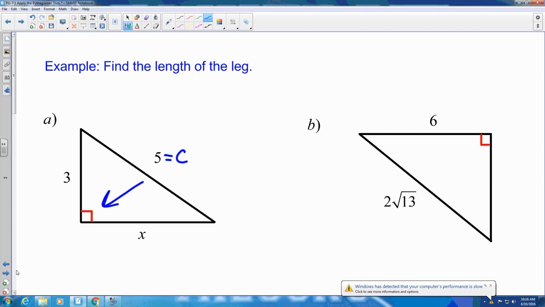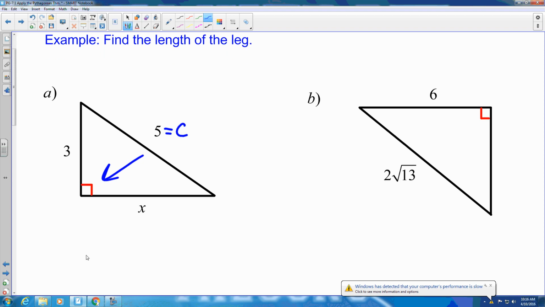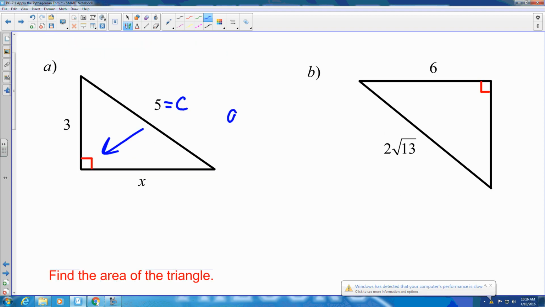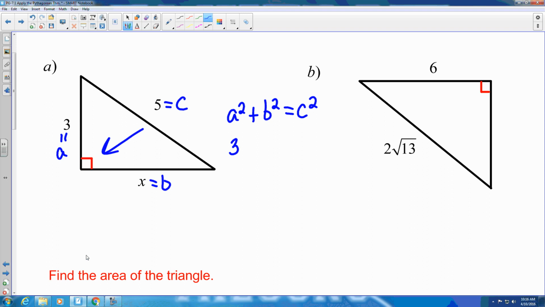So that's C. When I do the work here, I'm going to say, okay, a squared plus b squared equals c squared. I have to identify those. So I go over here. I'm just going to call this A, and I'm going to call this B. So when I plug those into the formula, I get 3 squared plus x squared is equal to 5 squared.